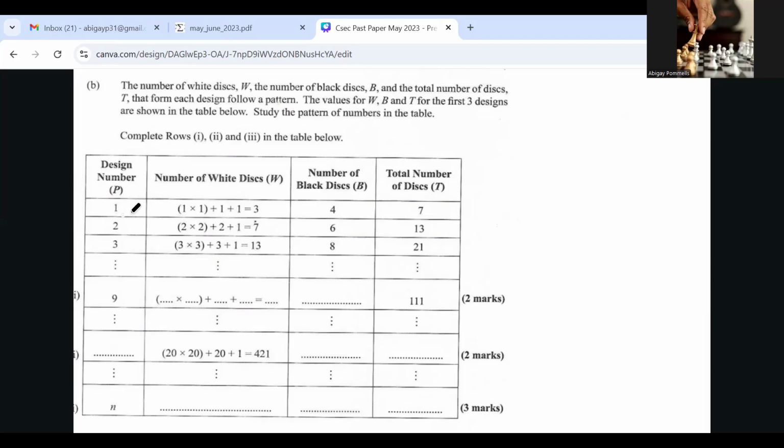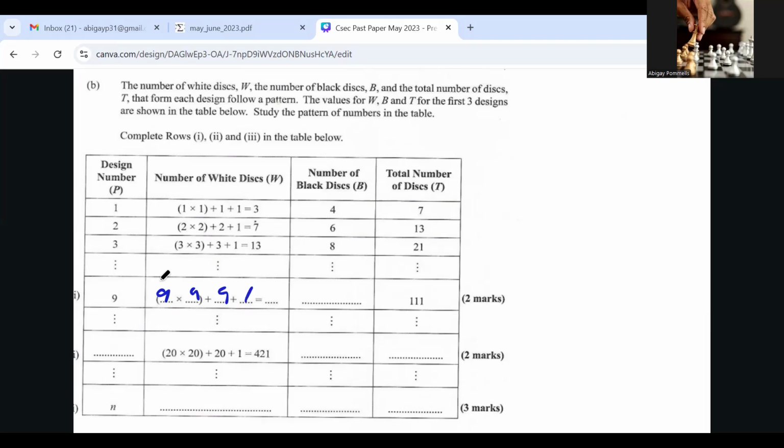We can see that 1 is 1 times 1 plus 1 plus 1 equals 3. 2 is 2 times 2 plus 2 plus 1 equals 7. So the numbers in here are always represented in this line. If this is 9, that means this will be 9, this will be 9, this will be 9, and this will be 1.